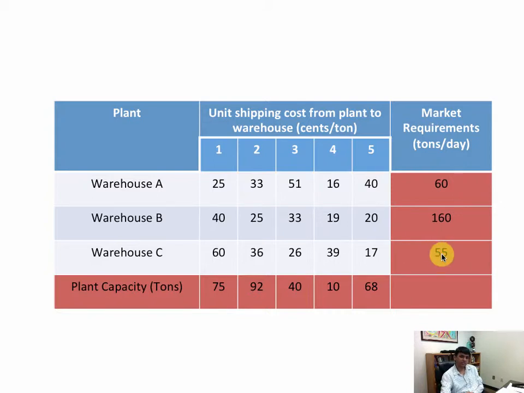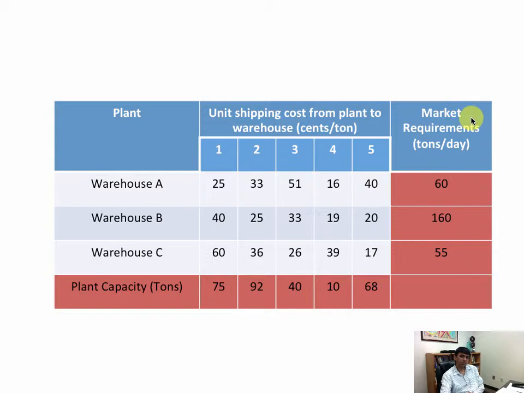For example, this particular cell tells us that shipping product from plant 1 to warehouse A costs 25 cents. Similarly, plant 1 to warehouse B is 40 cents, whereas plant 2 to warehouse A is 33 cents per ton, and plant 2 to warehouse B is 25 cents per ton.